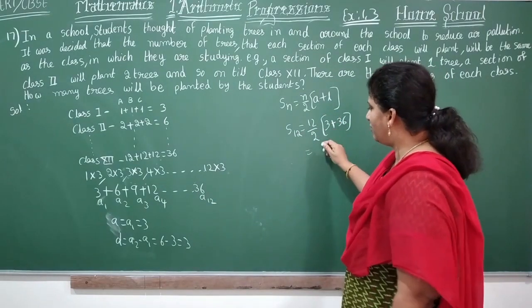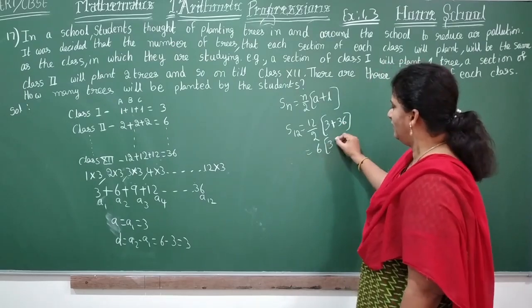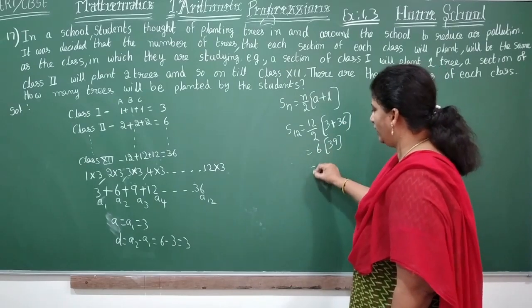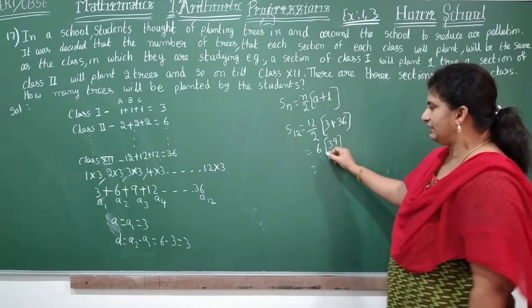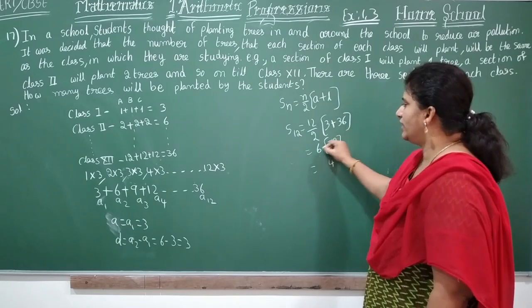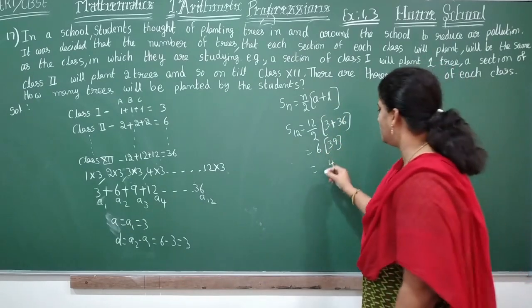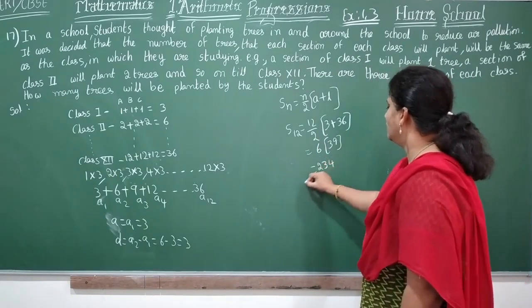Okay, 12 by 2 will be 6. 36 plus 3 will be 39. Now calculate here. 6 9s are 54. 6 3s are 18. 18 plus 5, it will be 23.